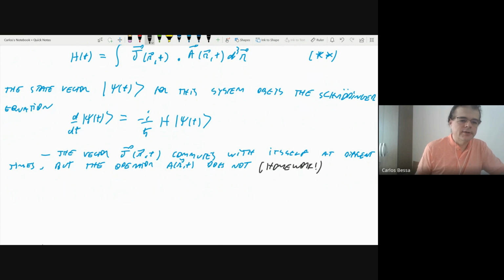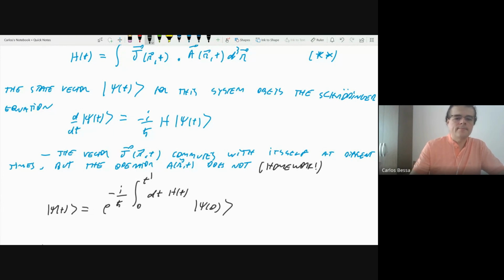So since we have the Schrödinger equation, we can solve this equation here. And we can see that psi can be written this way: exponential minus i over h bar, integral from 0 to t, dt' H of t', psi 0. Okay?